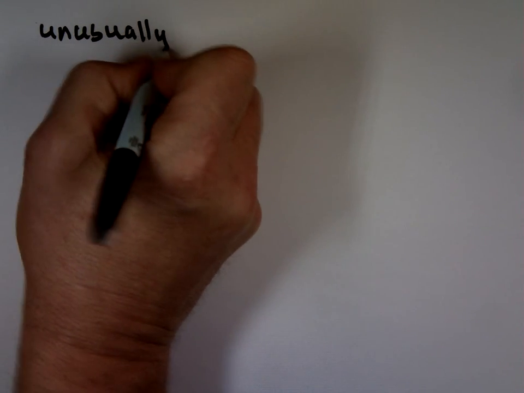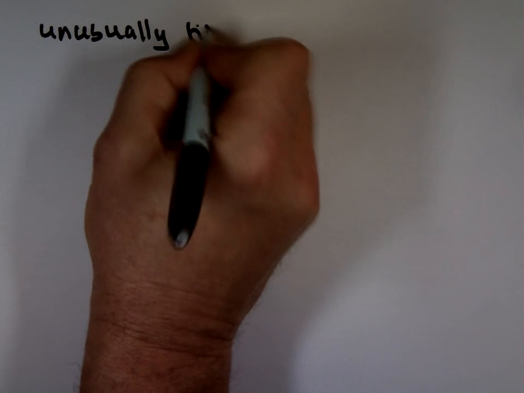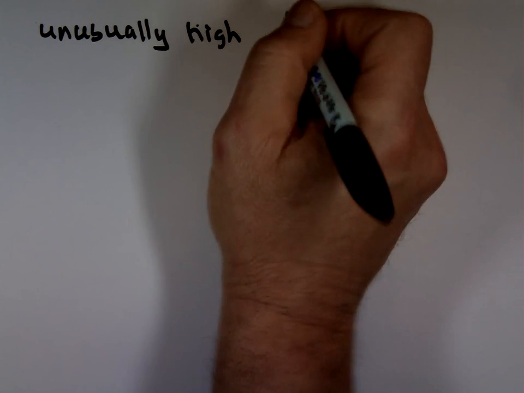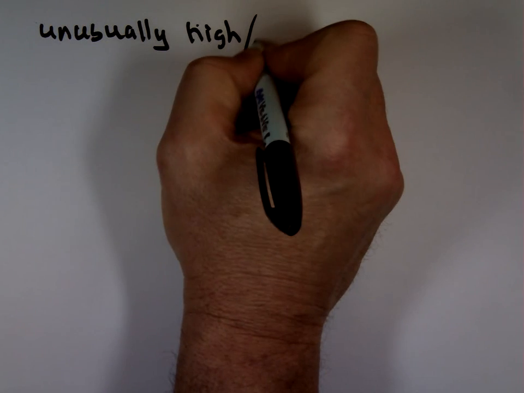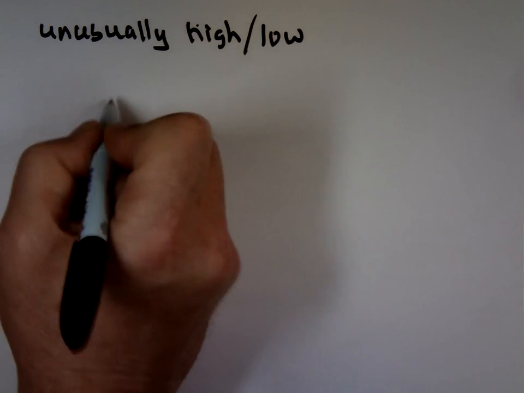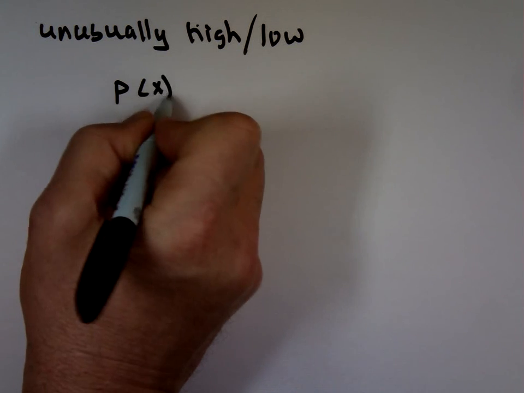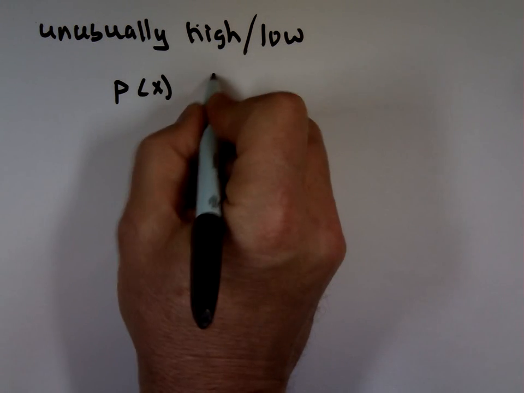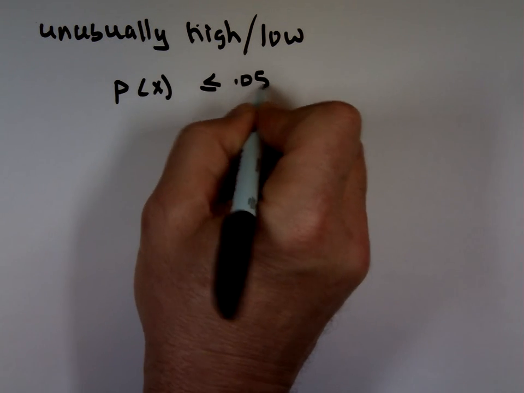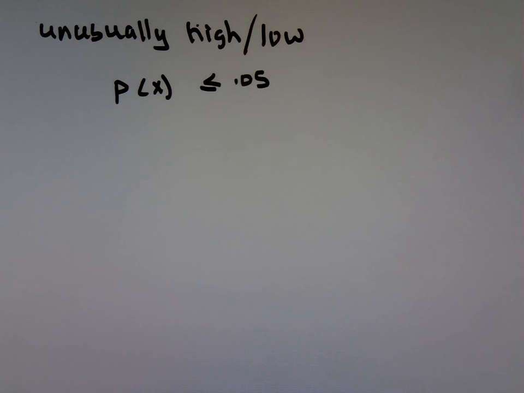I'll go like this, high, low. That means the probability of that event is very small. It's usually less than or equal to 0.05. If the chance of something happening is less than 0.05, we've got unusually high or unusually low. Meaning what?